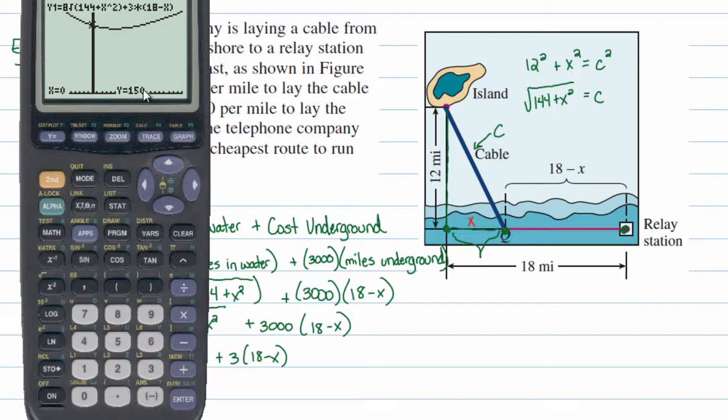You see, it costs 150,000. The other question, part B, was, what if X was all the way out here to 18? In other words, what if the cable was run all the way underneath water and that's it? So if X were 18, again, you could type in the number 18 here, hit enter, and you'll see it comes out as 173 point something. So it's about $173,000.